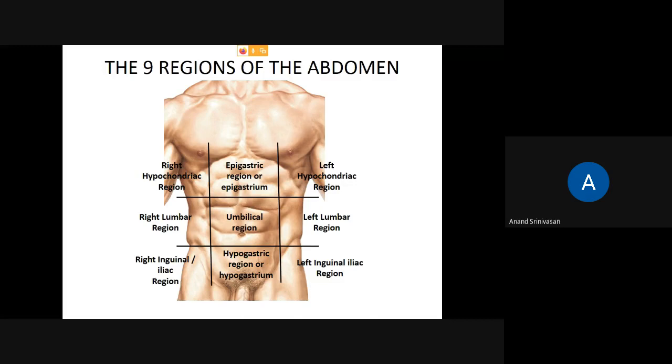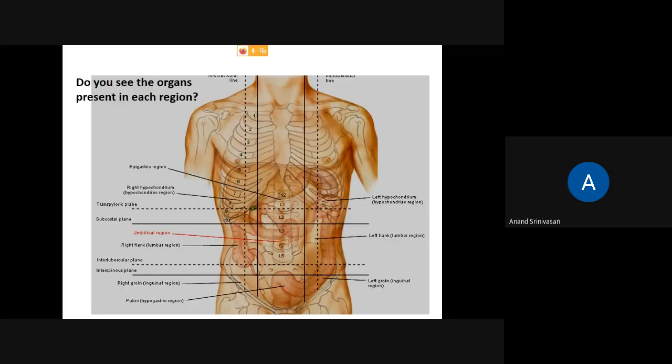All right. So these are the 9 quadrants of the abdomen. And here in this picture, I have just mentioned a few organs which are located in each one of these quadrants. So here you can see in the right hypochondrial region, mostly it is occupied by the liver.